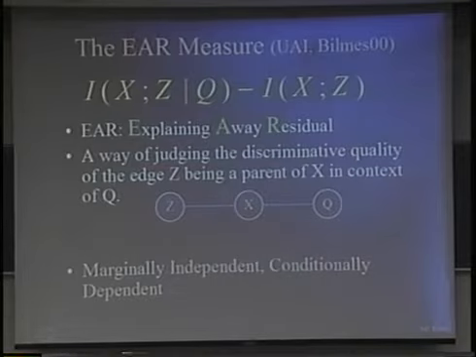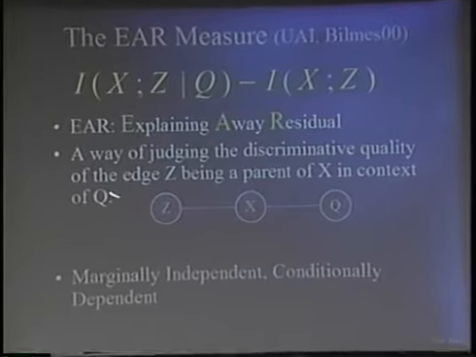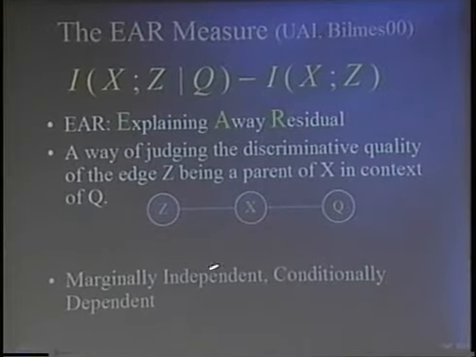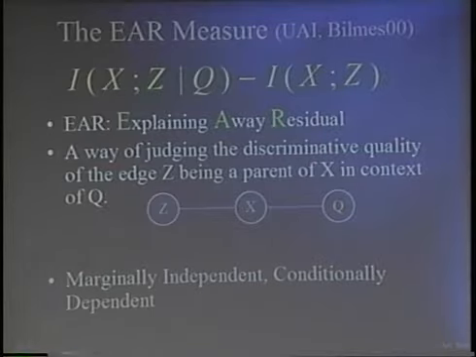That's the basic idea. And the way in which you can measure discriminative loss was defined by some work that I did at UAI in 2000, which is called the EAR measure. The idea here is that you're measuring the loss of a dependency, or in other words, the degree to which a dependency that's unaccounted for should be accounted for, by looking at the difference between two mutual information quantities.